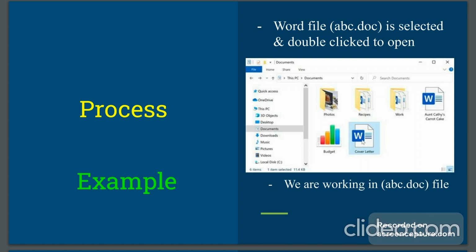So generally we go to the Word file and double click on it and the file gets opened. At that time, when the file is opened and we are working on it, that is known as a process. It was known as a program till the time it was closed. But when we are working in that file, then it becomes a process because it is in execution.